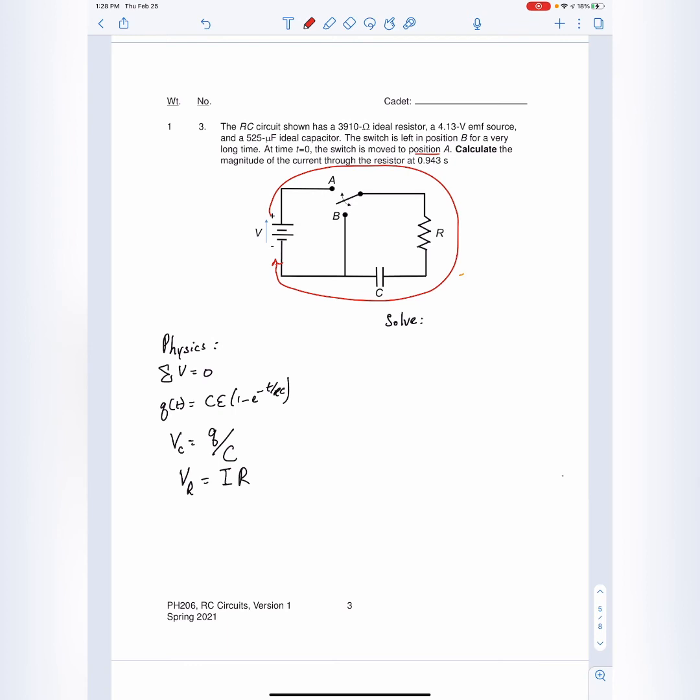Because it's a series, as we're doing the loop, and this part doesn't matter because it's not connected to anything, our current is constant. So even though we're saying current through the resistor, it could very well be the current in any other place around the circuit.